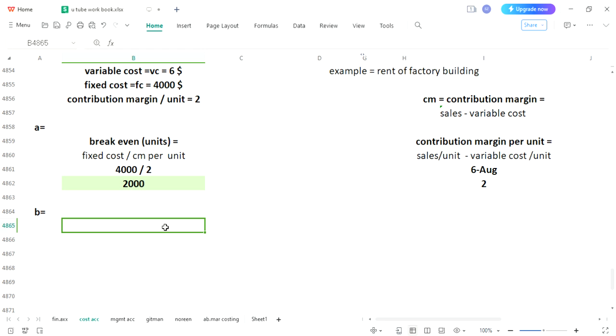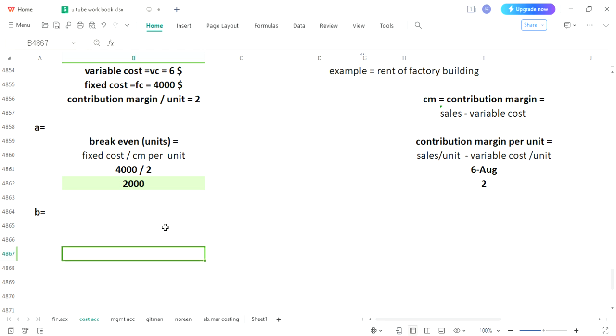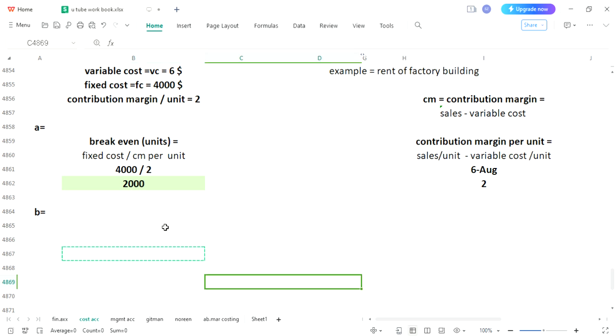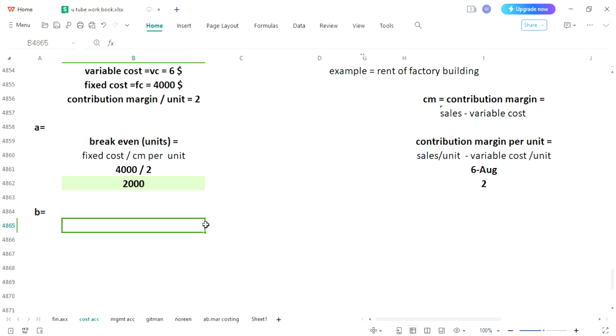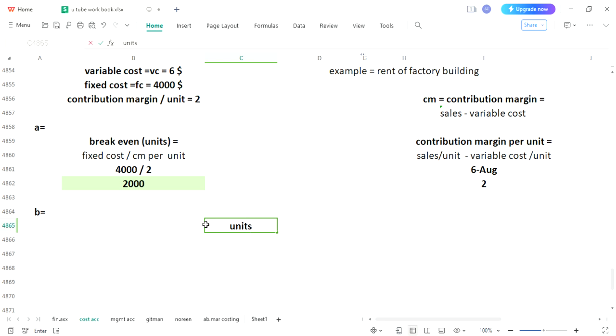So at this stage we need to make a contribution margin format income statement, and this is our requirement. Okay, everything is okay. In the first column you will write your units, then you need to put your per unit, and finally you will be calculating your amount.